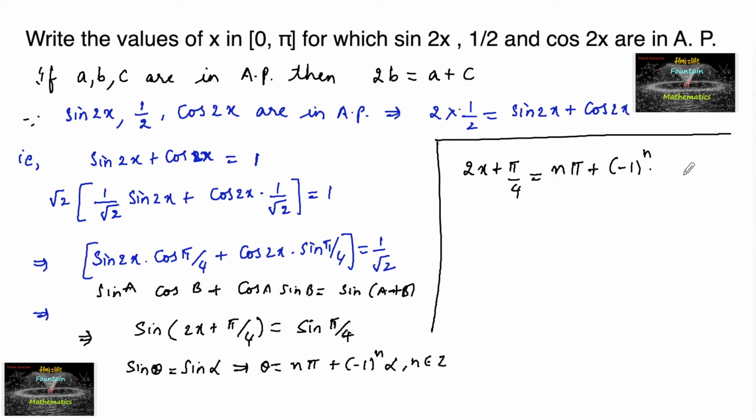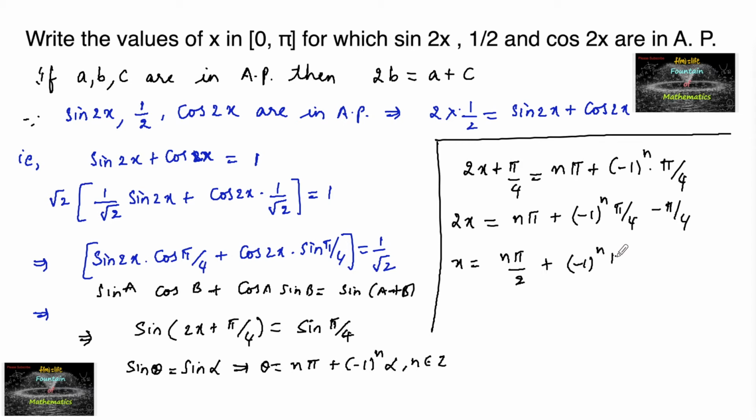So alpha can be taken as pi by 4. So we can write this as 2x is equal to n pi plus minus 1 whole power n pi by 4 minus pi by 4, or x is equal to n pi by 2 plus minus 1 whole power n pi by 8 minus pi by 8.